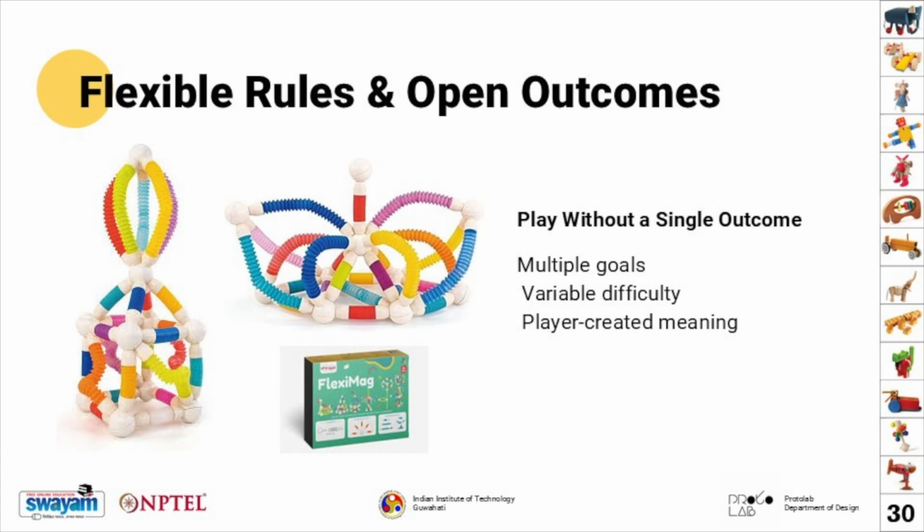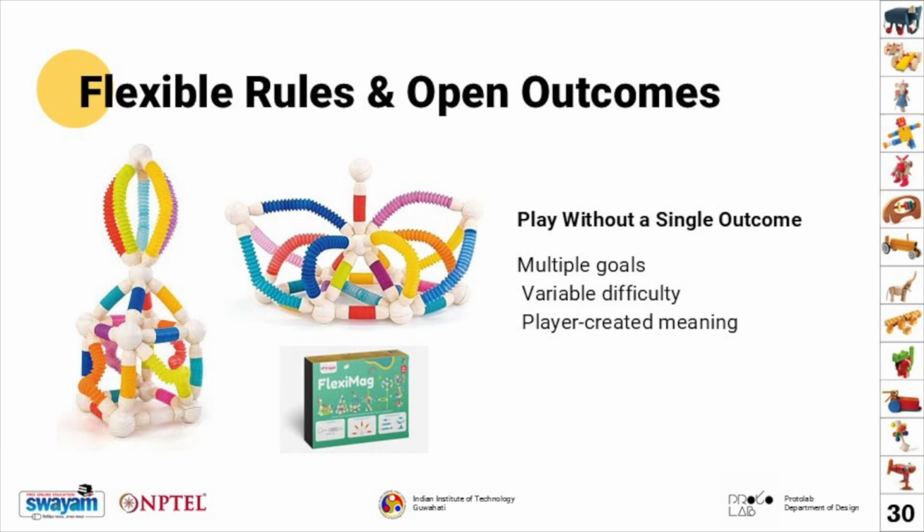Flexible rules allow players of different abilities to remain engaged together. Instead of measuring who wins, the toy supports shared activity. This principle is especially powerful in mixed age or mixed ability settings.